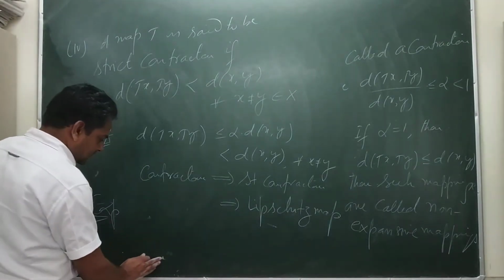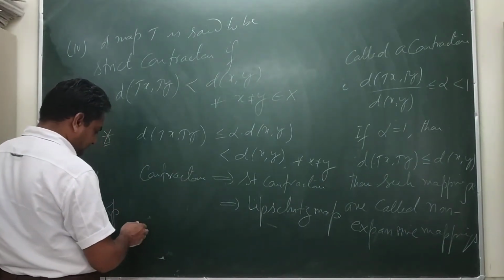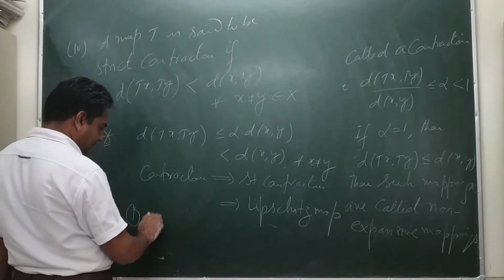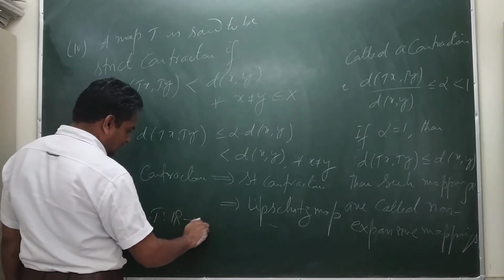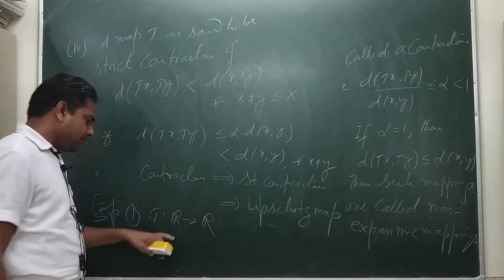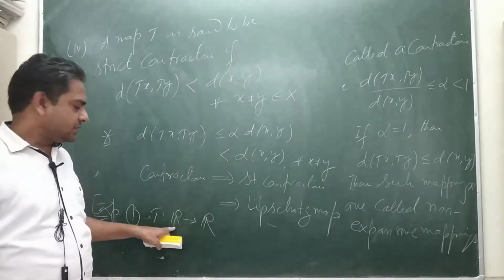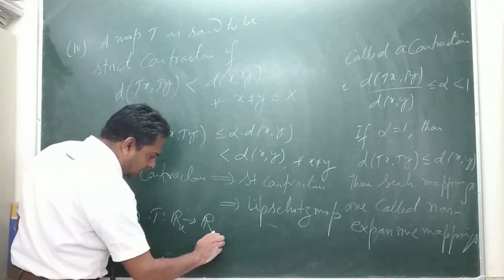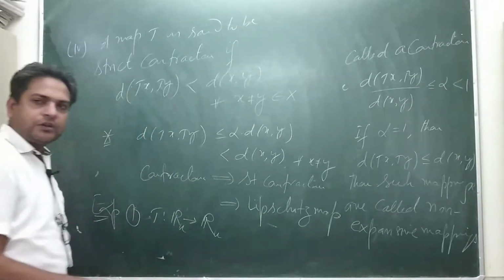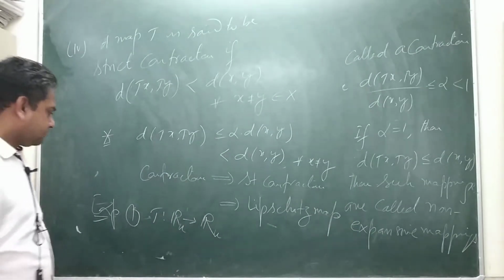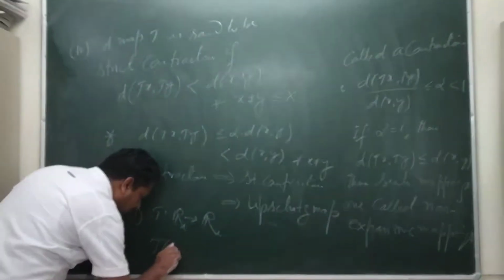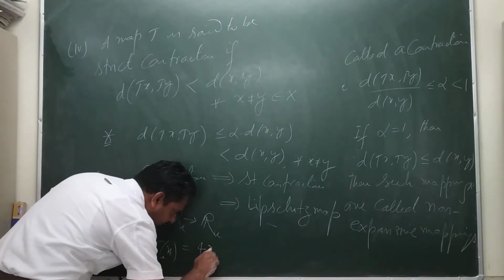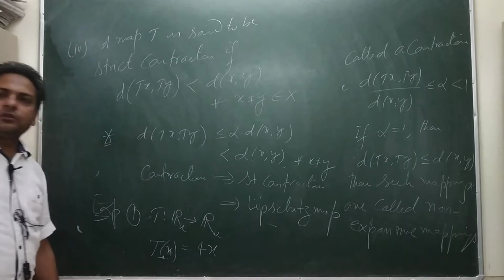So a simple example is here. If I define T from R to R, where R is my metric space with the usual metric, so T is a map from R to R with the usual metric, defined by Tx equals 4x.